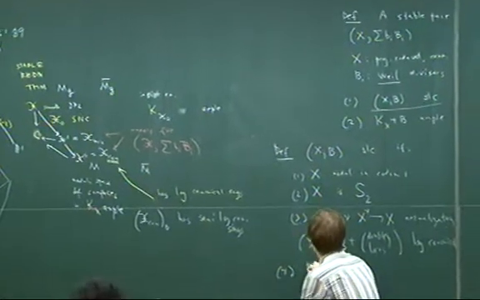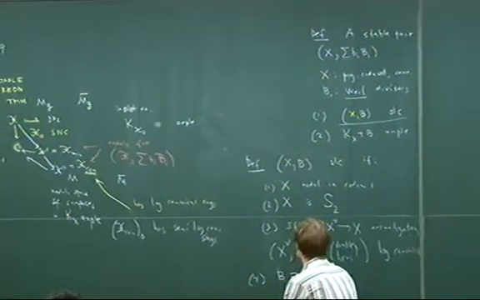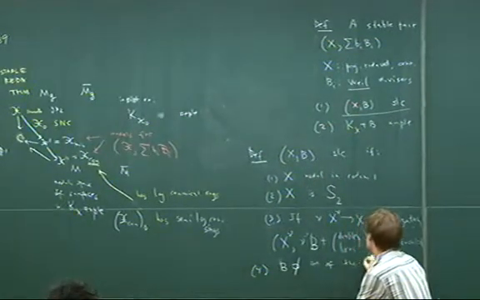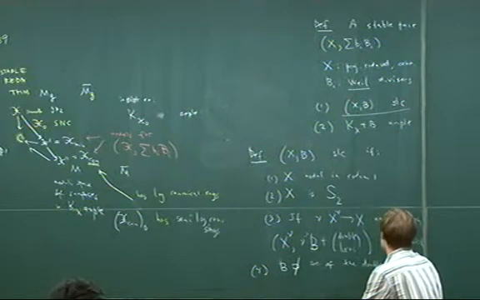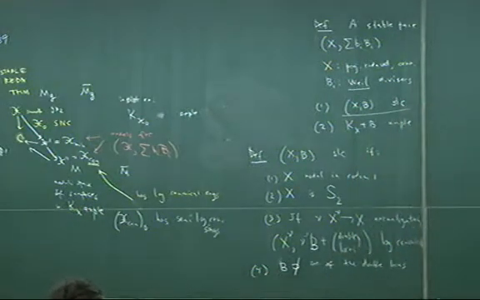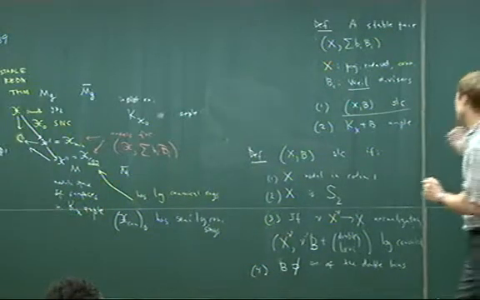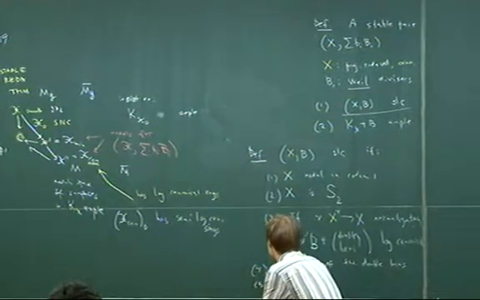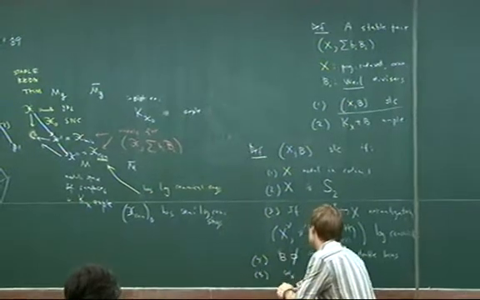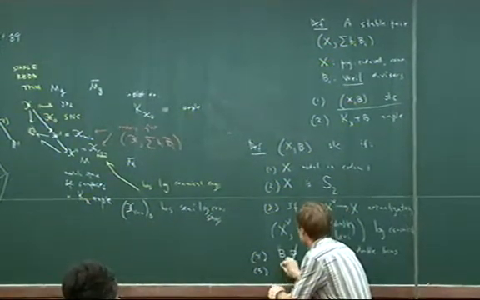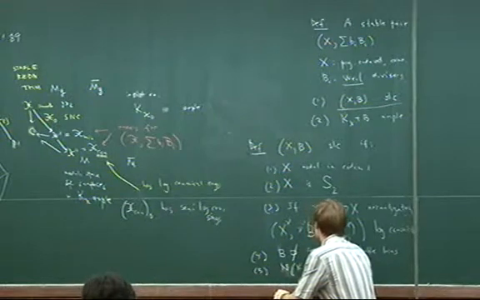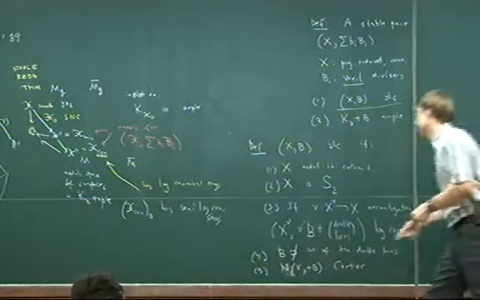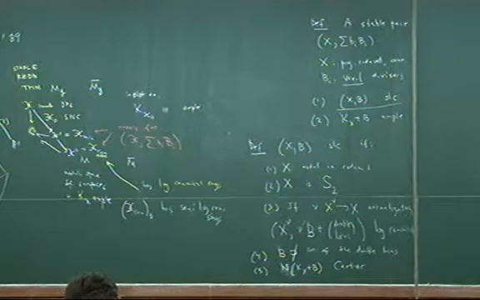B should not contain any irreducible component of the double locus. And number 5, some multiple of KX plus B has to be Cartier. Let me just leave it at this.